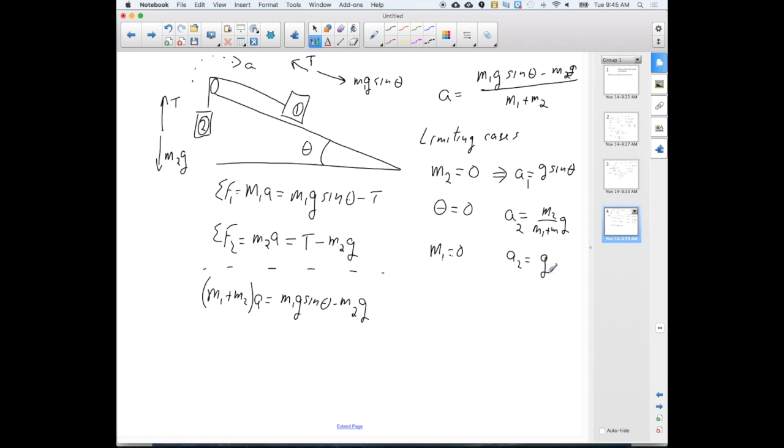So let's look at what happens. Quick question. For when theta equals 0, why isn't it negative M2 over M1 plus M2 g? It would be negative, thank you. Should it also be negative for when M1 is 0? Yeah. It's negative. Perfect.